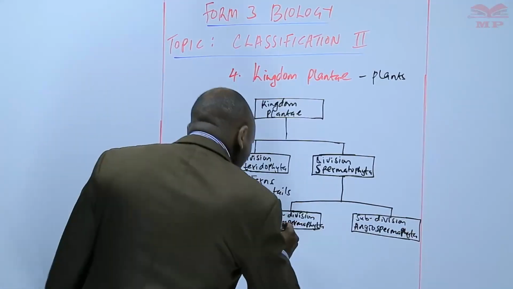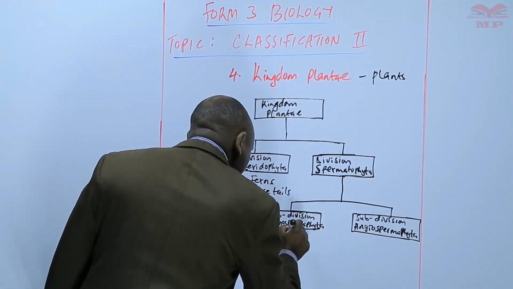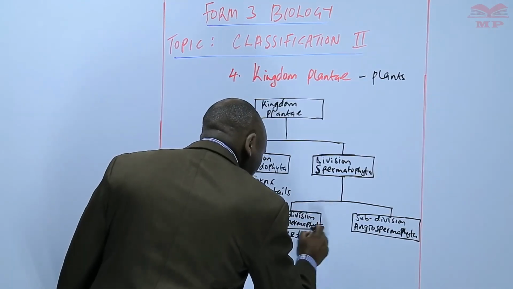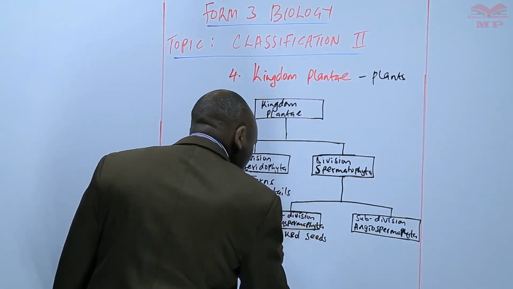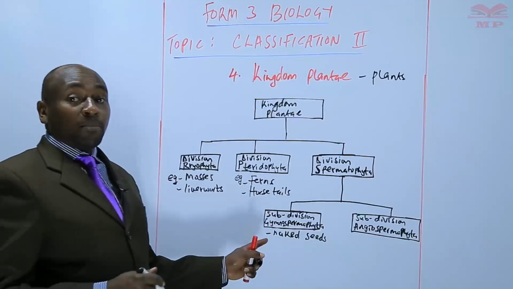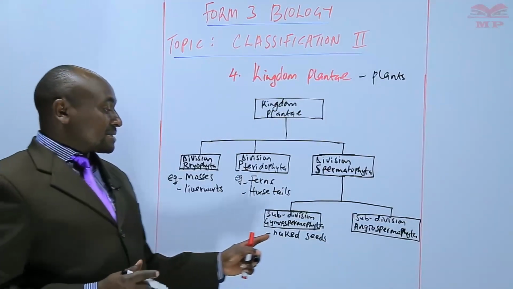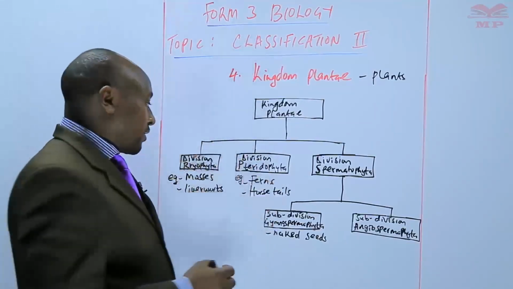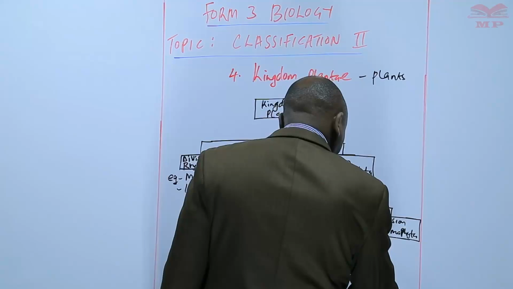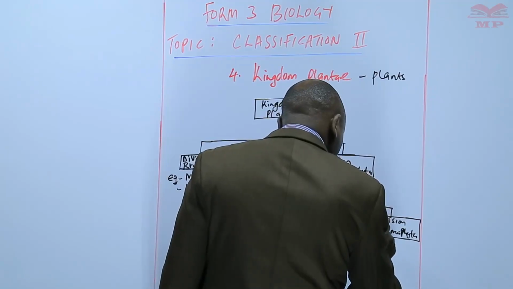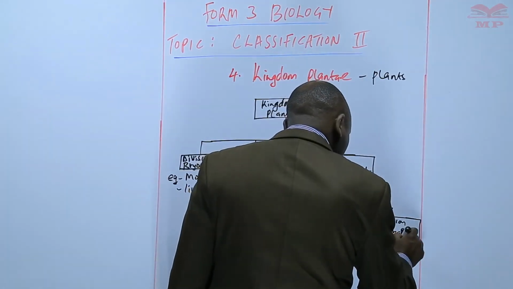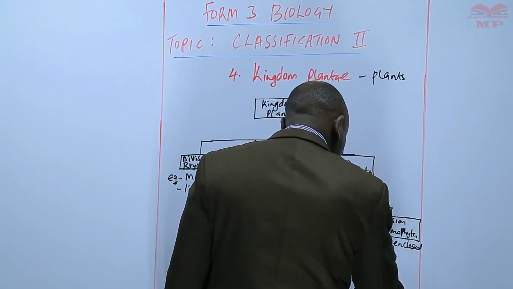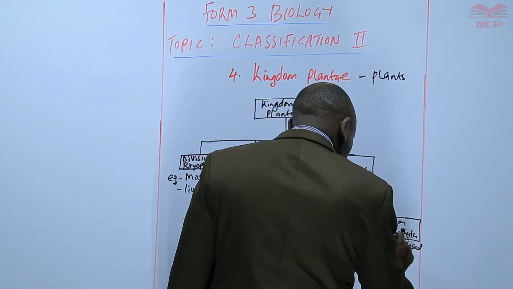Here we have naked seeds, or seeds that are not enclosed within the fruit, for example, the pines and the cypress; you'll find the seeds are just naked. They are not enclosed. Then we have the angiosperms, the seeds enclosed within the fruit.